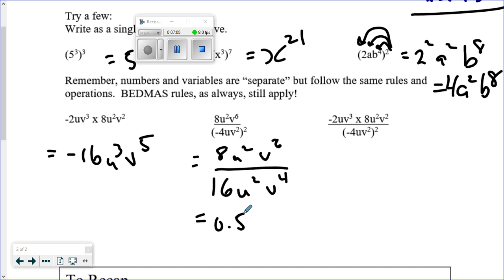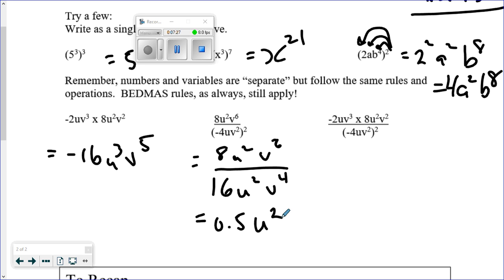So 8 divided by 16, that's 1/2 or 0.5. U squared divided by u squared. Anything divided by itself is 1. And then u to the 6 divided by u to the 4 equals u squared.